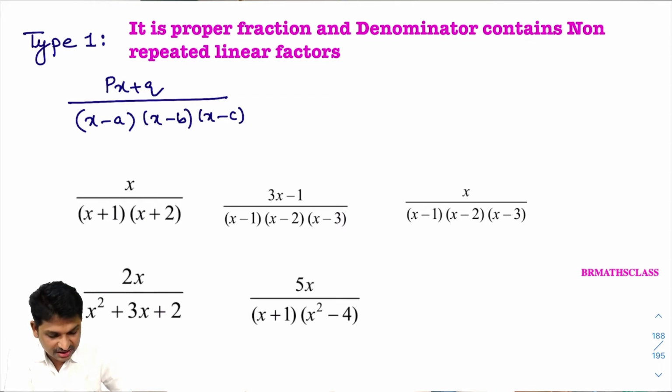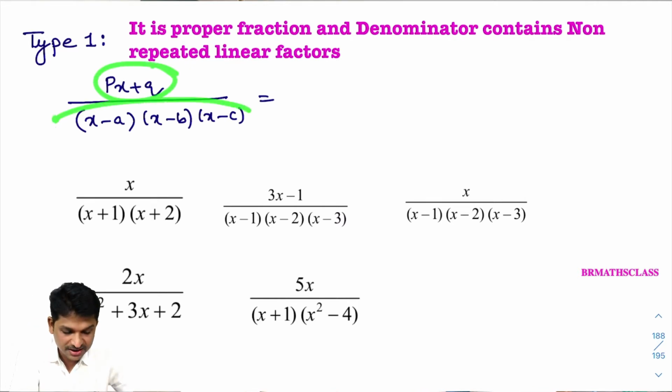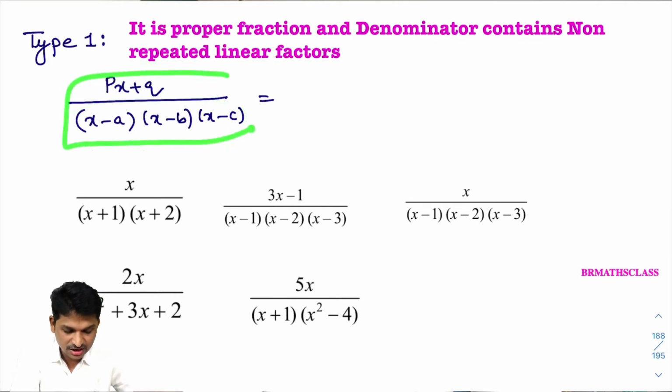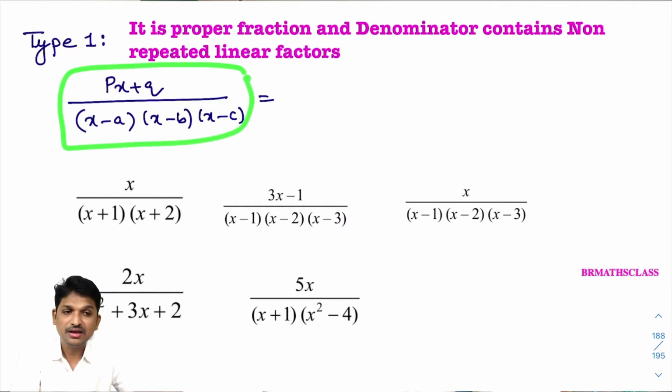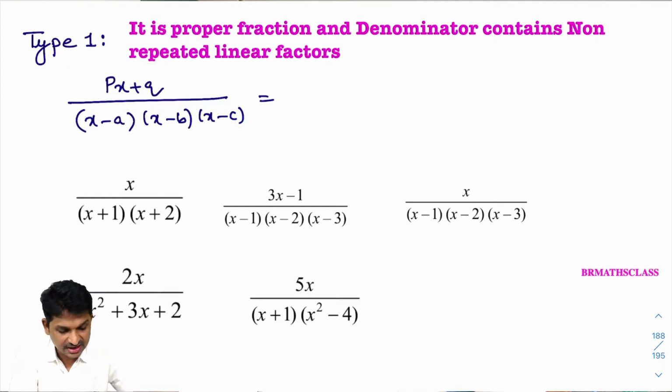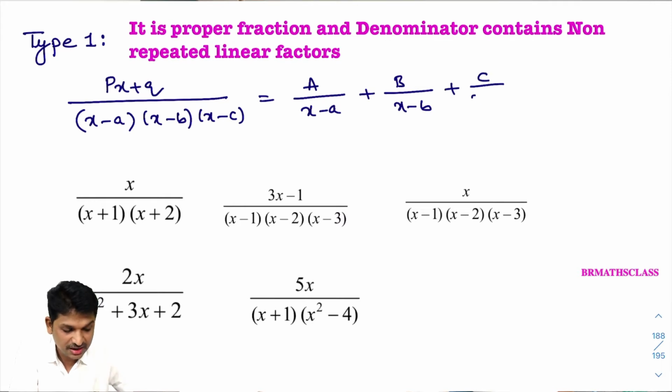Degree of numerator is 1, degree of denominator is 3. So this is a proper rational function, and denominator contains non-repeated linear factors. So this comes under type 1. When the question is given like this, then we will write it as a divided by x minus a, plus b divided by x minus b, plus c divided by x minus c.